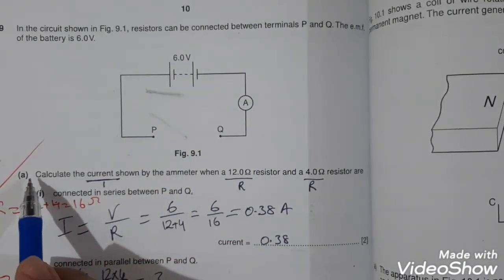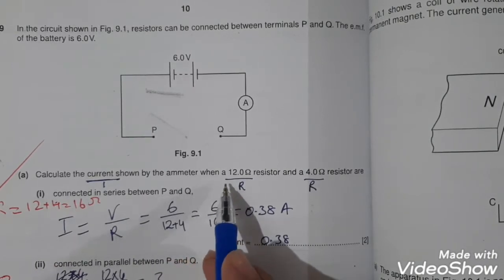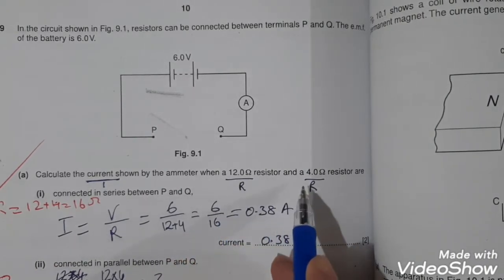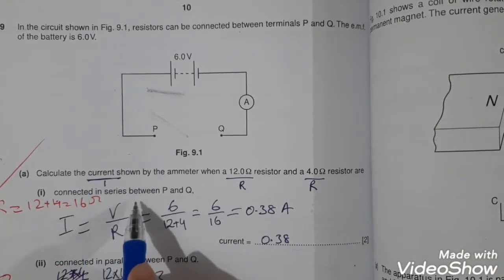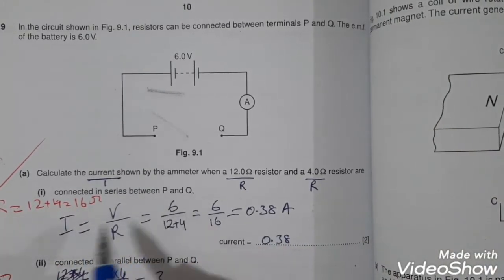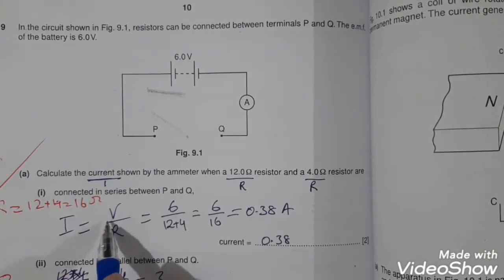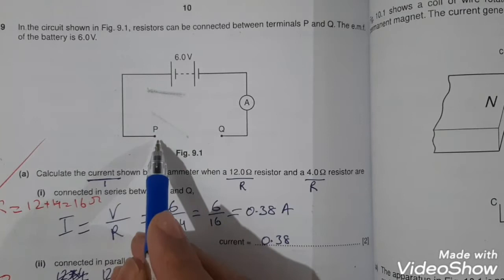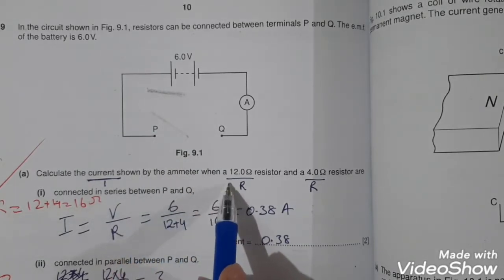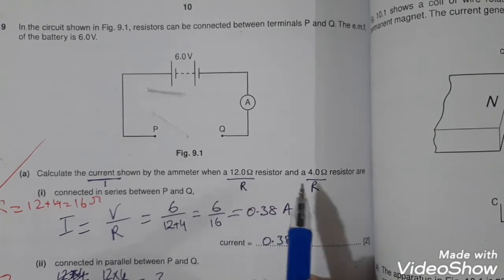Then question A states calculate the current shown by the ammeter when a 12 ohm resistor and a 4 ohm resistor are connected in series between P and Q. So over here first we'll calculate the current, which is I equal to V divided by R, so 6 divided by R, 6 divided by 12 plus 4, because over here we have two resistors, which are 12 ohms and 4 ohms.